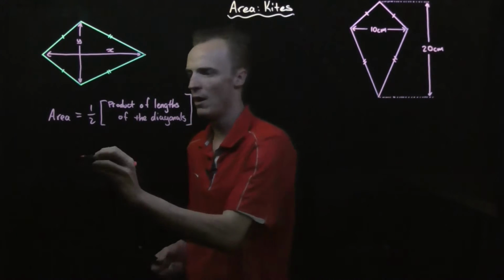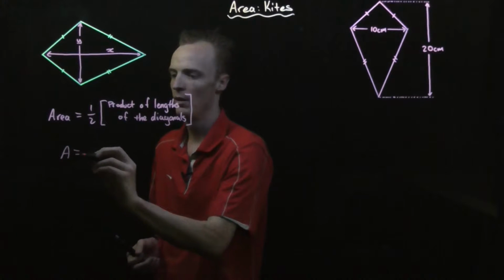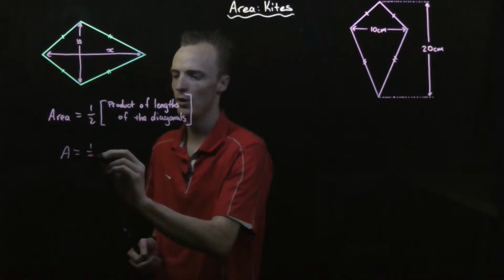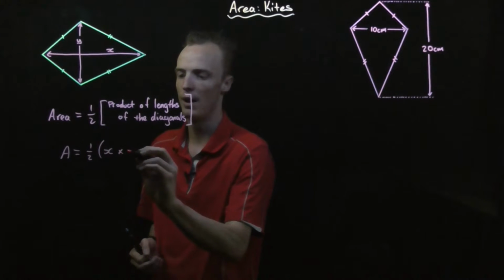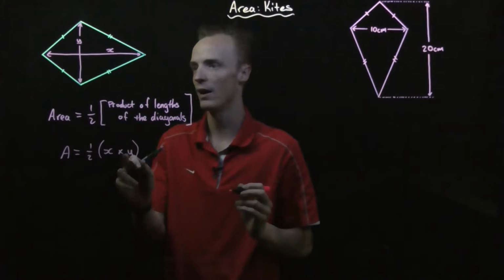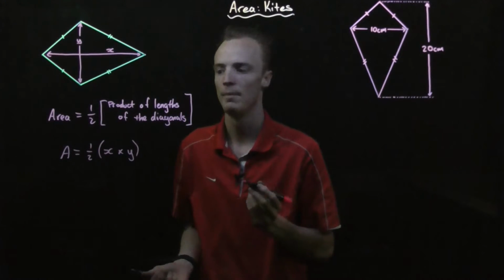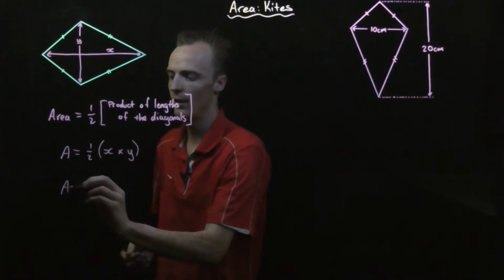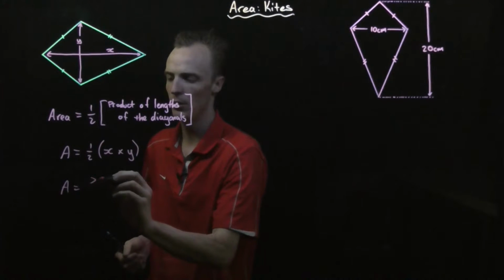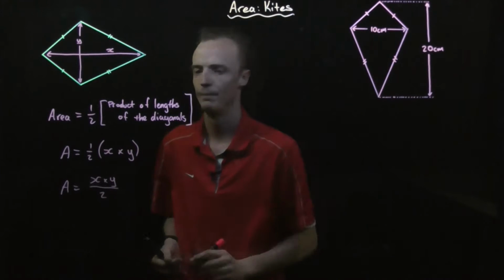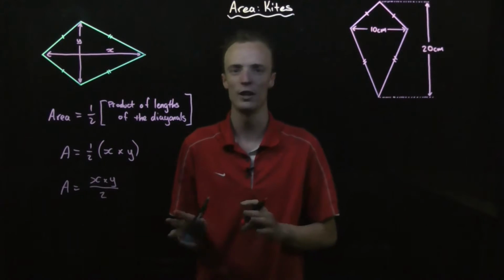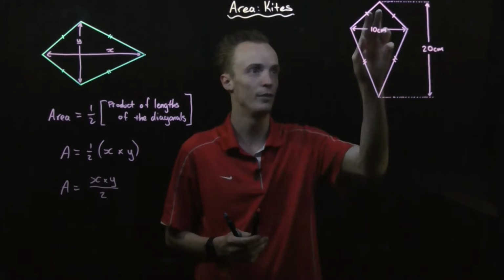So the area of a kite can be found by half times the x multiplied by the y. That's the product of our diagonals, which we can rewrite as the area is equal to x multiplied by y all divided by 2.